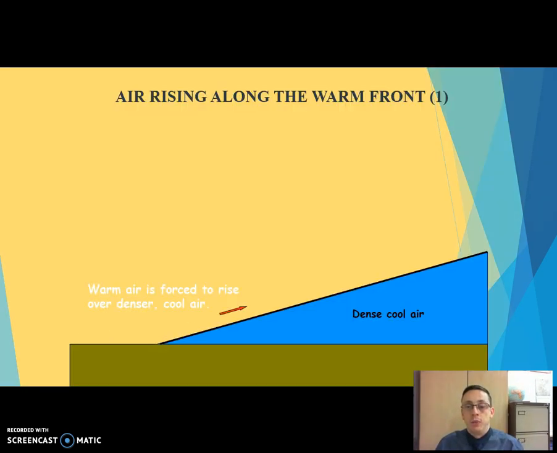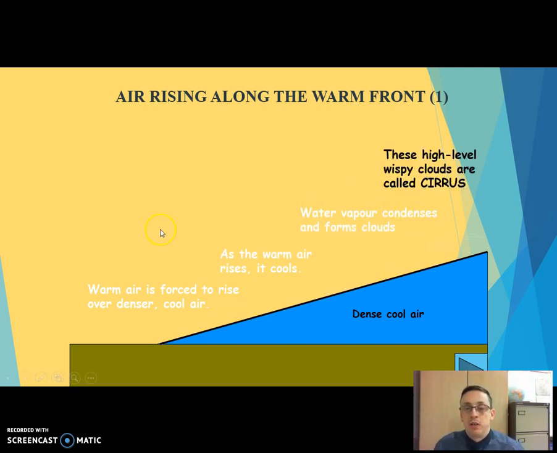So we've got our warm front, we've got some dense cool air, and the area we have here is our warmer air. The warm air is forced to rise up over the denser cooler air. Because of this, as it rises, it cools. The water vapour forms clouds, and the high-level wispy clouds that we get are called cirrus clouds.